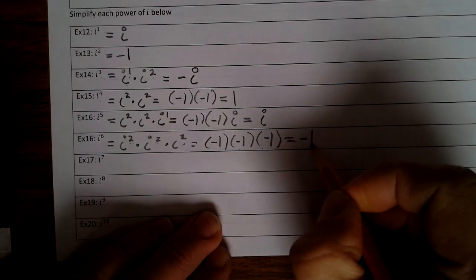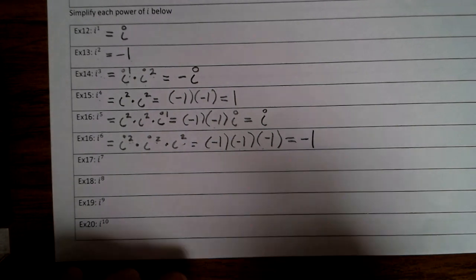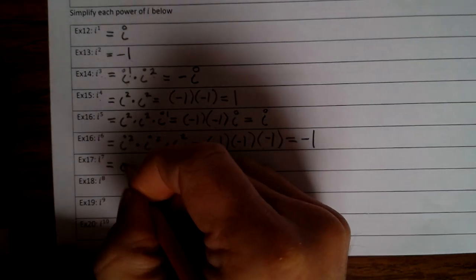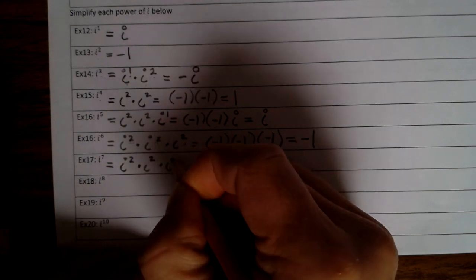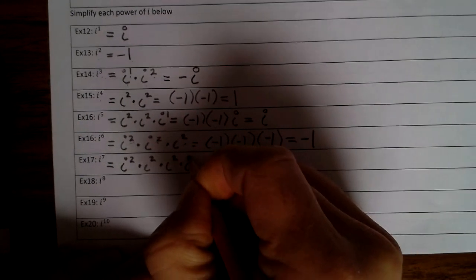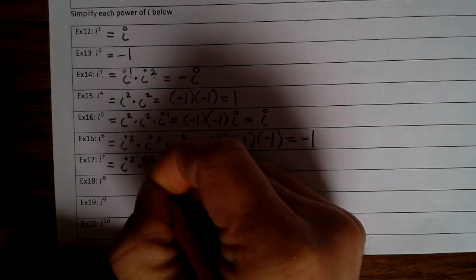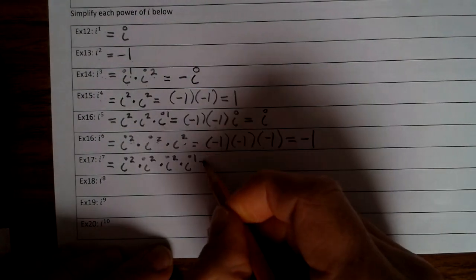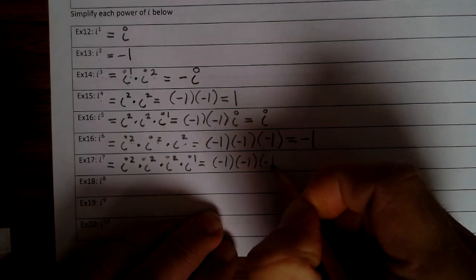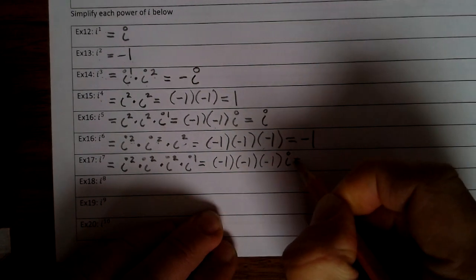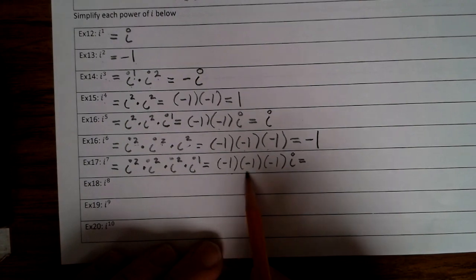Okay, i to the 7th power can be written as i squared times i squared times i squared times i to the 1st power. Well, that's -1 times -1 times -1 times i. Well, that's a +1 times a -1, which would be -1i.